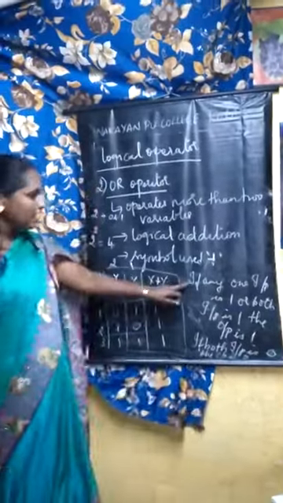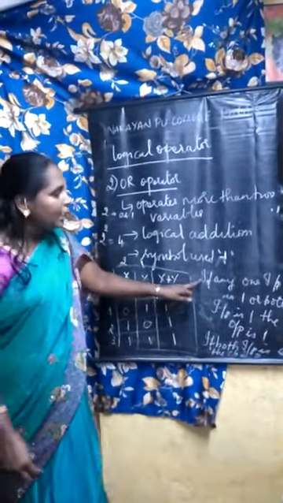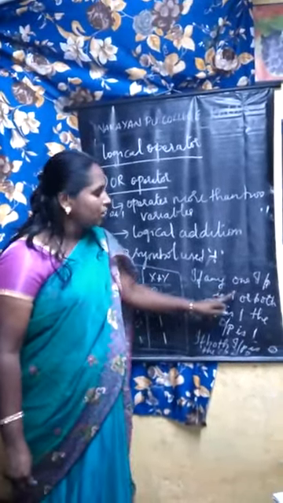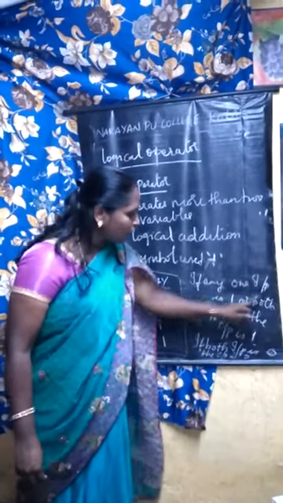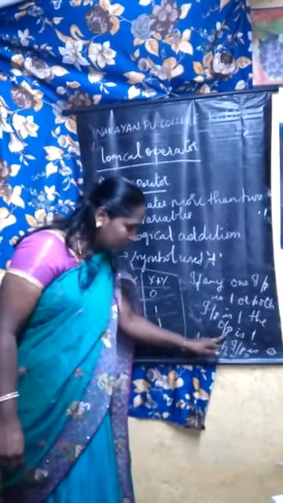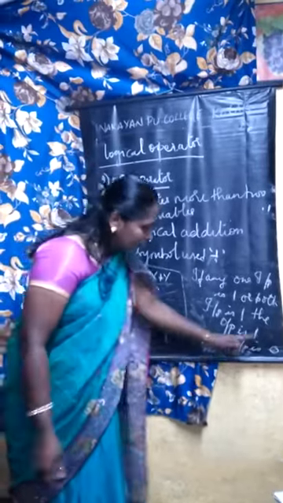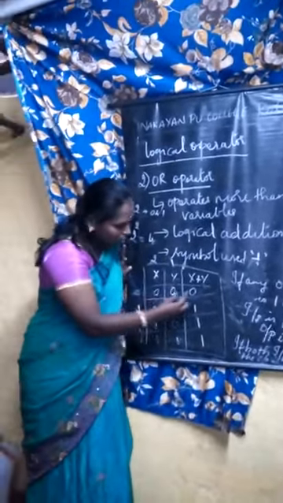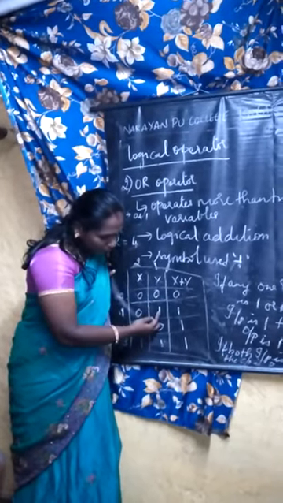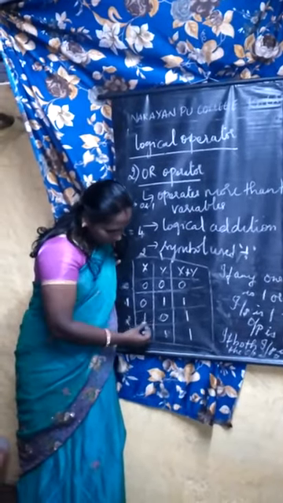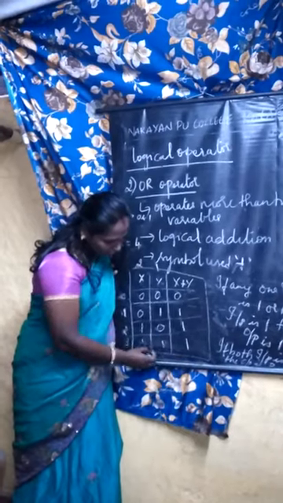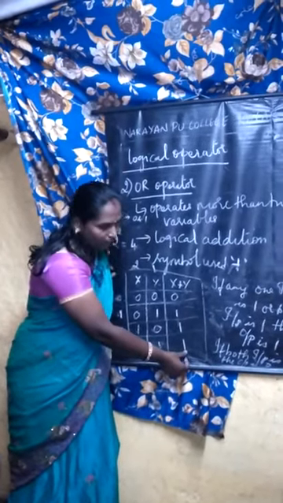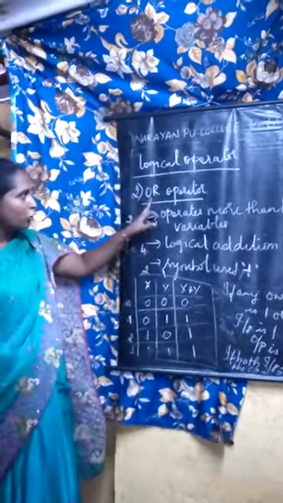Once again, in your OR operator, if any one input is 1 or both the inputs are 1, the output is 1. If both the inputs are 0, the output is 0. That is what it tells. In this, both inputs are 0, the output is 0. Here any one input is 1, so the output is 1. Here it is 1, 1. If both the inputs are 1, the output is 1. So this is about your OR operator.